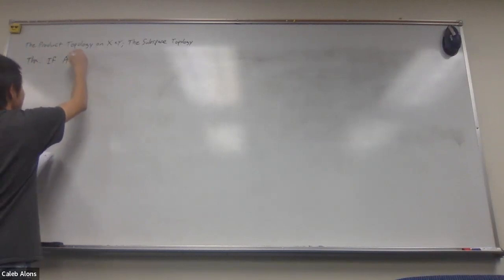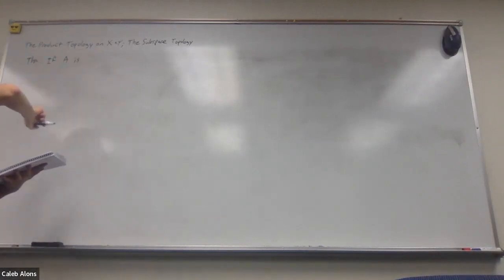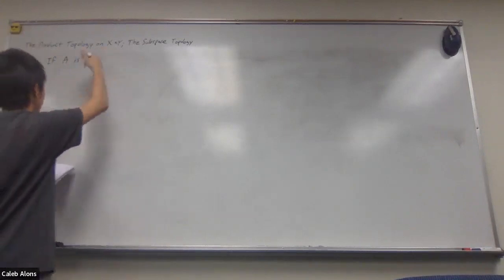So the product topology is the one that's intuitive. You'll inherit the structure.